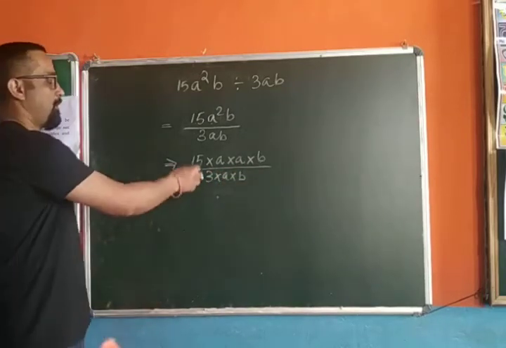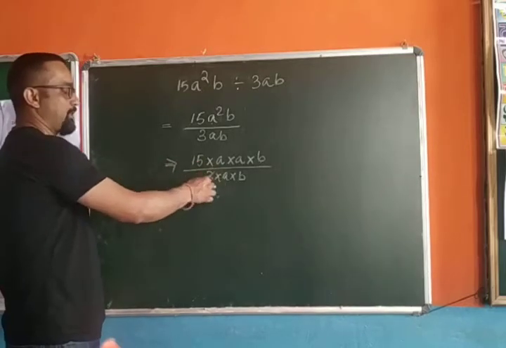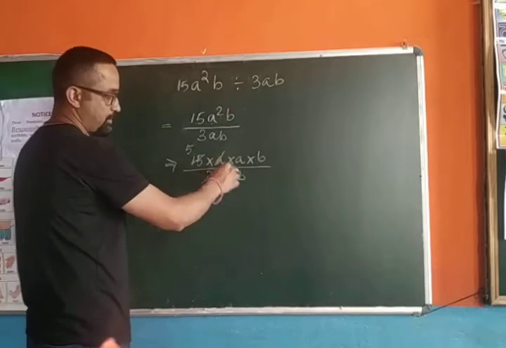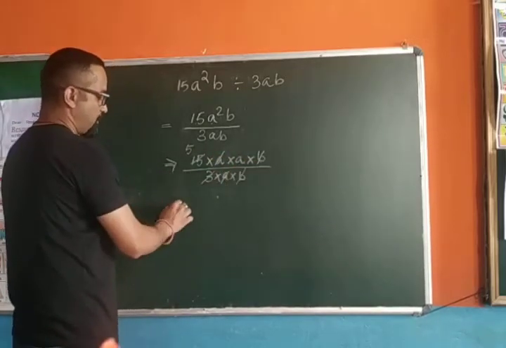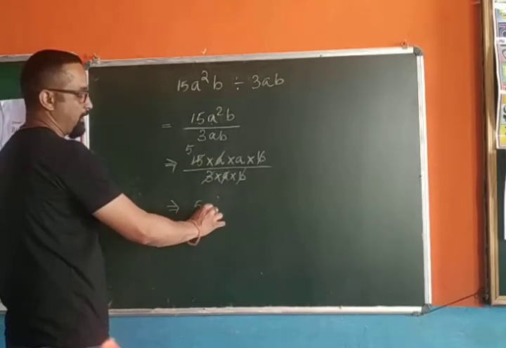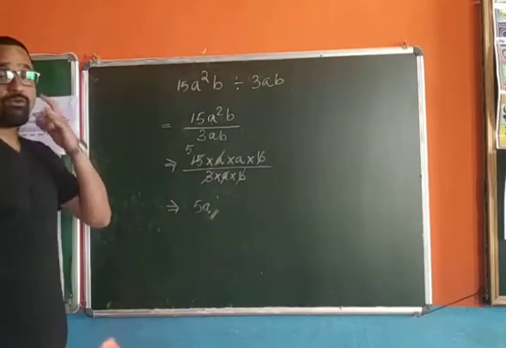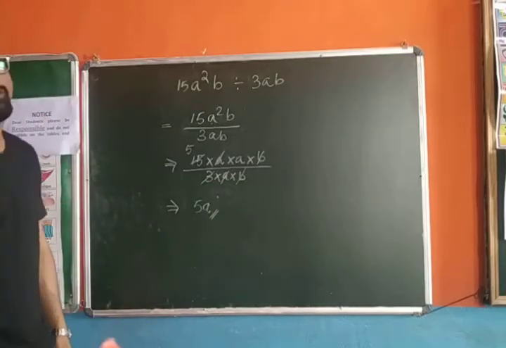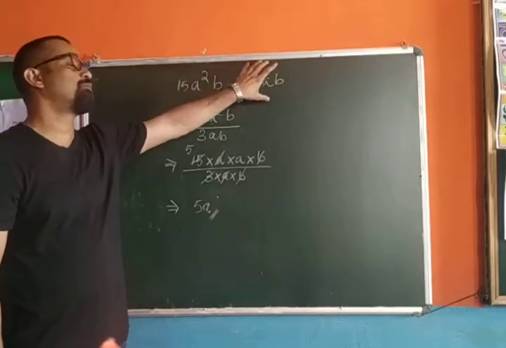Multiplication. Coefficient you cancel, 3 fives are 15. A cancels, b cancels. Whatever is left, you write it down. 5a is the quotient. So this is simple division of a monomial by a monomial.